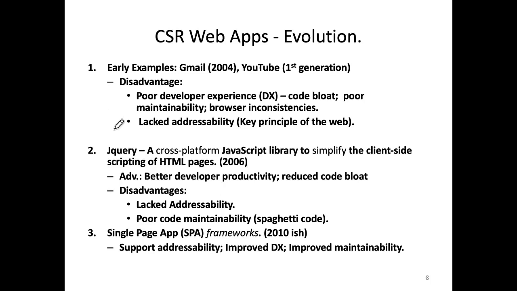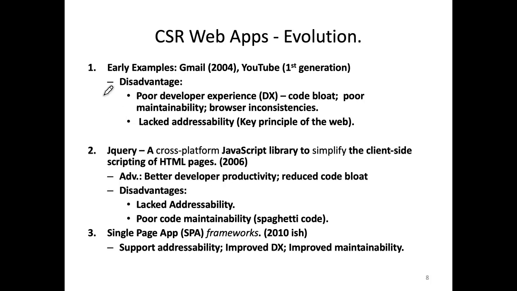Because if I wanted to share a particular view within a web app with somebody, I could not send them a unique URL that caused the other person's browser to go directly to the page that I wanted them to see within the web app. So that was a weakness, although it wasn't considered a major weakness at the time. But that problem has now been resolved.